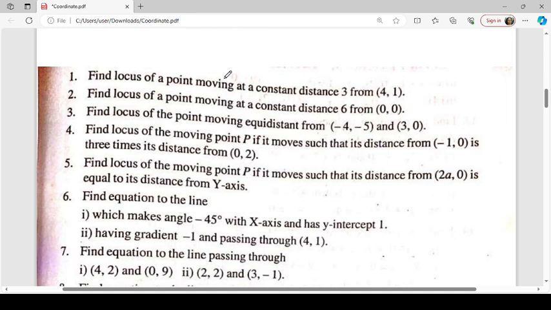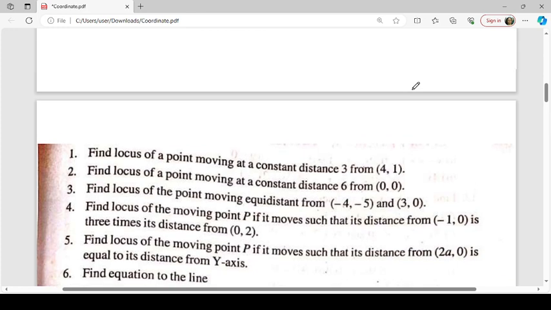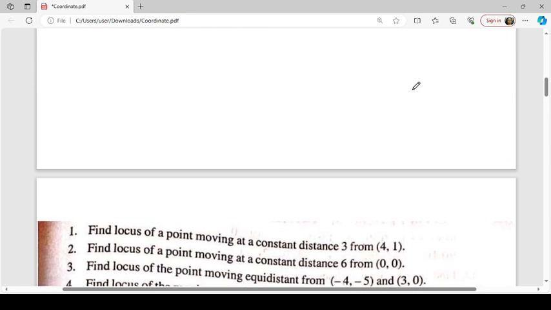Find the locus of a point moving at a constant distance 3 from (4, 1). So what we do: P is (x, y), then A is (4, 1) and AP is equal to 3.